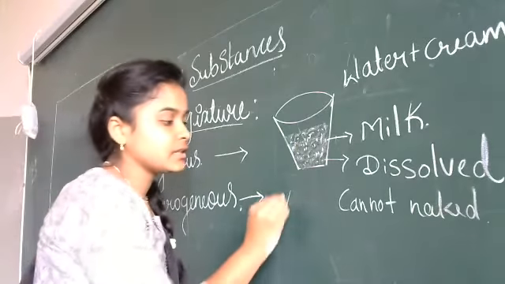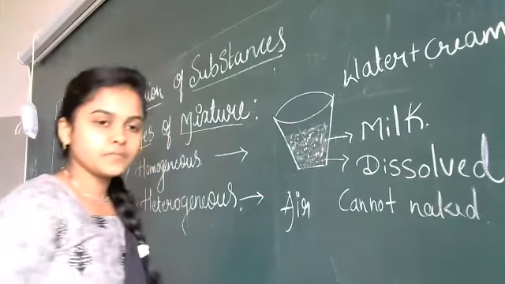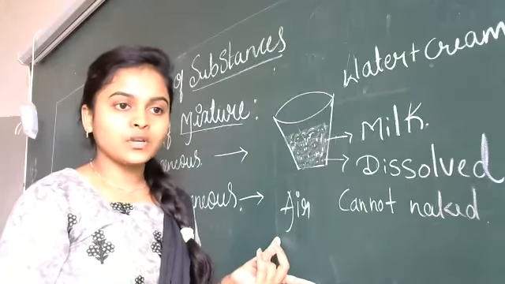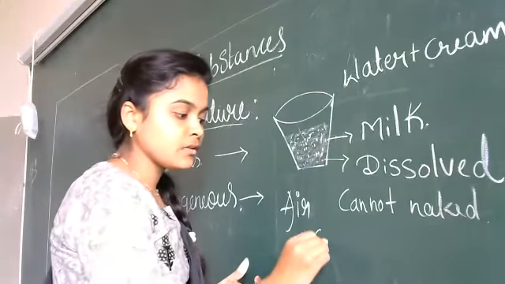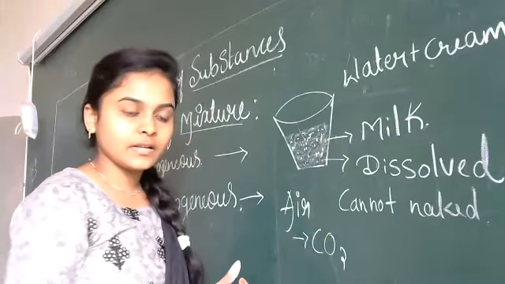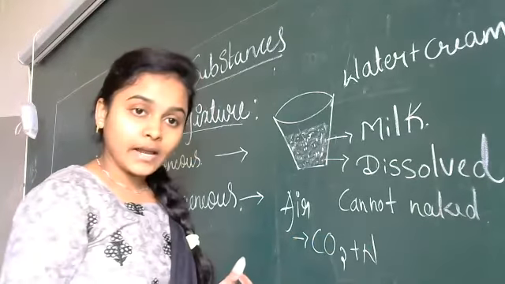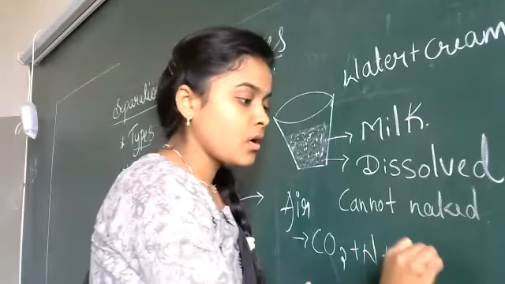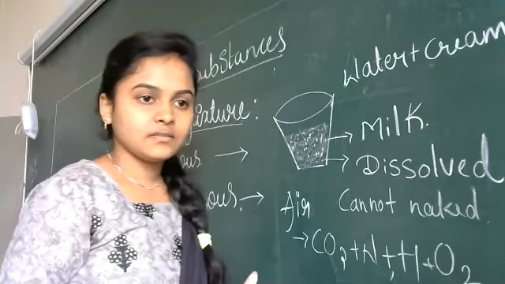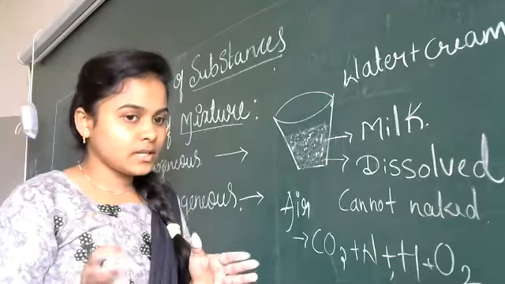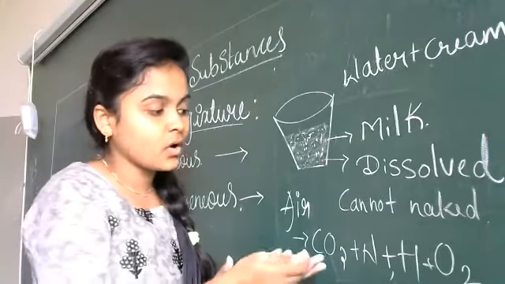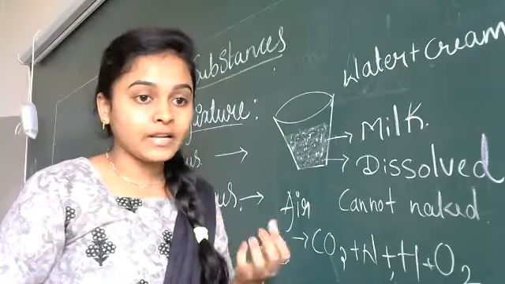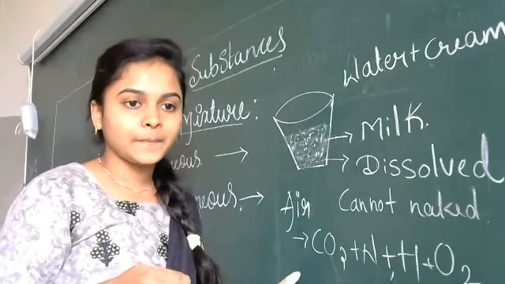One more example, that is air. So air is also a mixture. Air is a mixture of what? It is a mixture of carbon dioxide, nitrogen, hydrogen, oxygen. Can you see these gases? Can you identify these gases in the air?